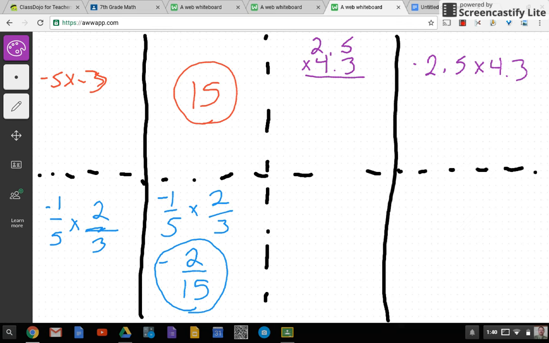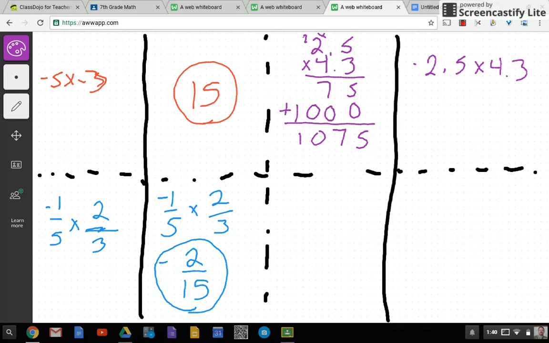So 3 times 5 is 15. 3 times 2 is 6, plus 1 is 7. Got to remember my 0 right there. 4 times 5 is 20. 4 times 2 is 8, plus 2 is 10. So when I add this all together, I get 1075.